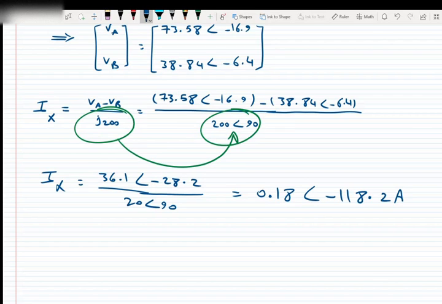Okay, so this one is the first example for node voltage analysis.